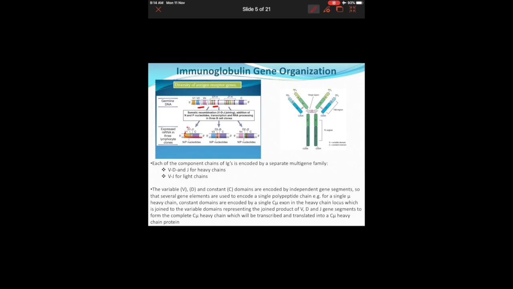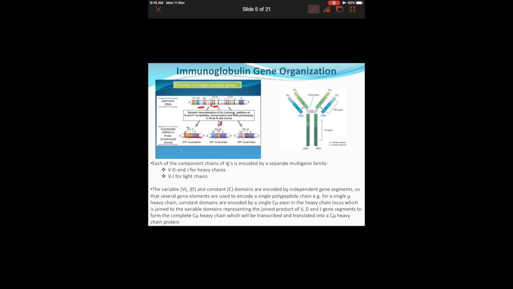which are first involved with selecting one particular D exon and linking it up to a J exon. So in this example here, you have three potential B cells.